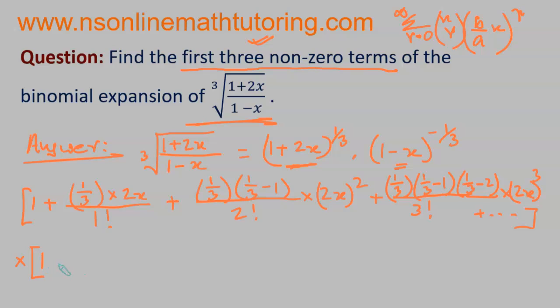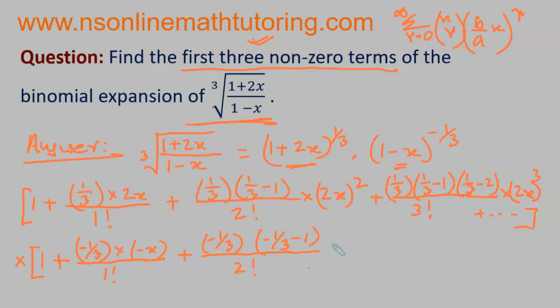So it is 1, and then r equal to 1, so the denominator is 1 factorial, and nC1, in which the n value is equal to negative 1 over 3, times negative x raised to the power of 1, which is negative x, okay, plus 2 factorial, negative 1 over 3, negative 1 over 3 minus 1.